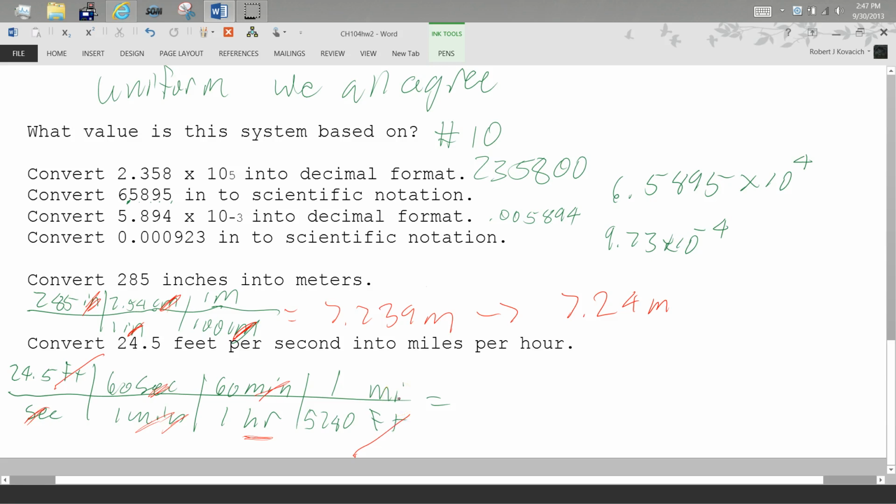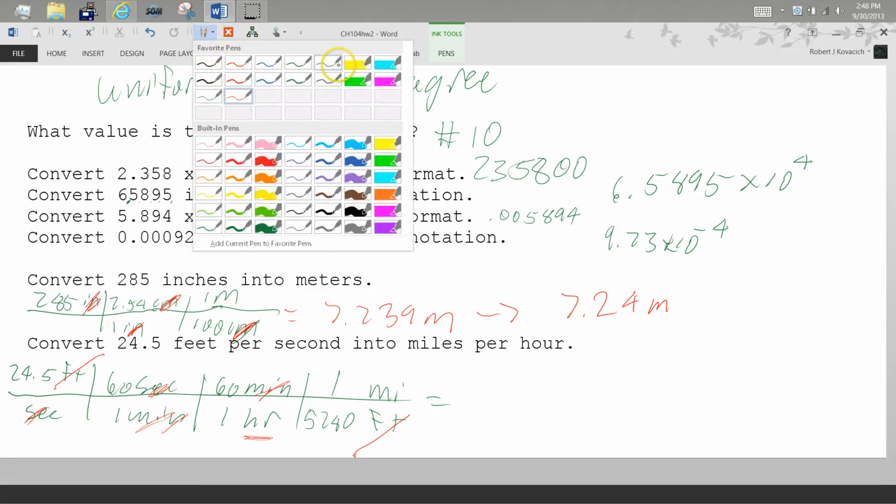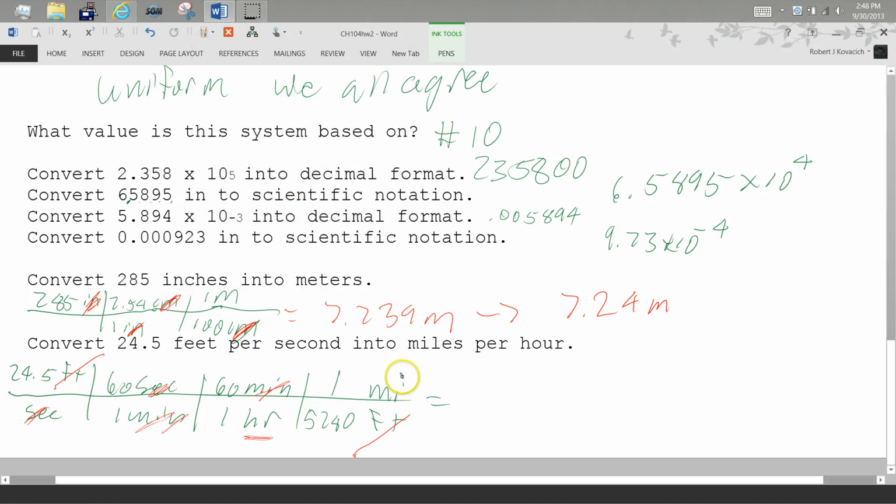And now I've got miles. And so the two units that I was looking for, I have now. I've got my mile unit and I've got my hour unit. And so then my answer here is going to be miles per hour. And so then I just need to do the calculation.